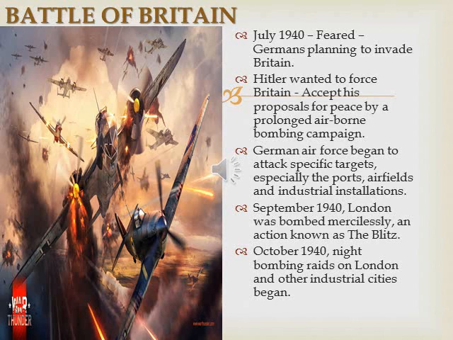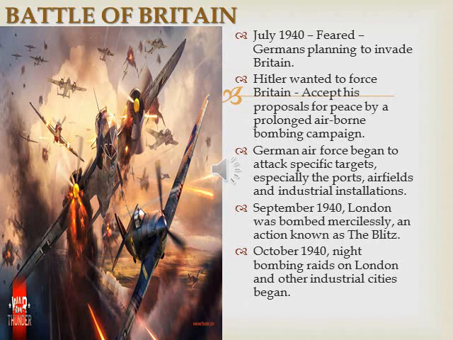Prolonged means continuous, for a longer period. He threatened that he would continuously attack Britain through the air, continuously dropping bombs. If Britain wanted this to stop, she had to come for peace talks with Germany. Peace talks means Britain should accept the proposals of Hitler.